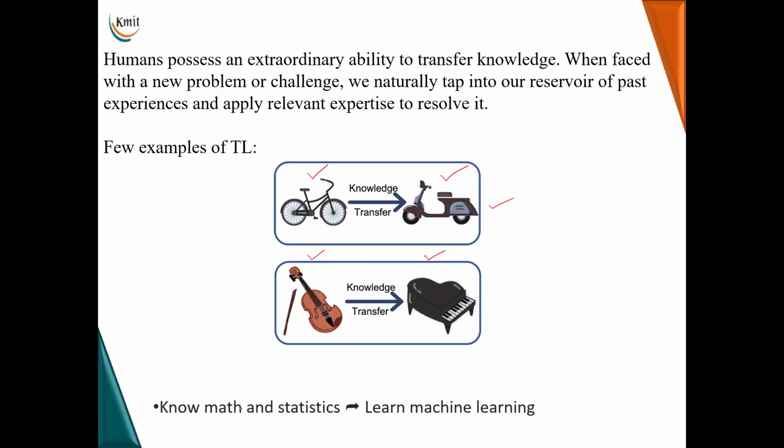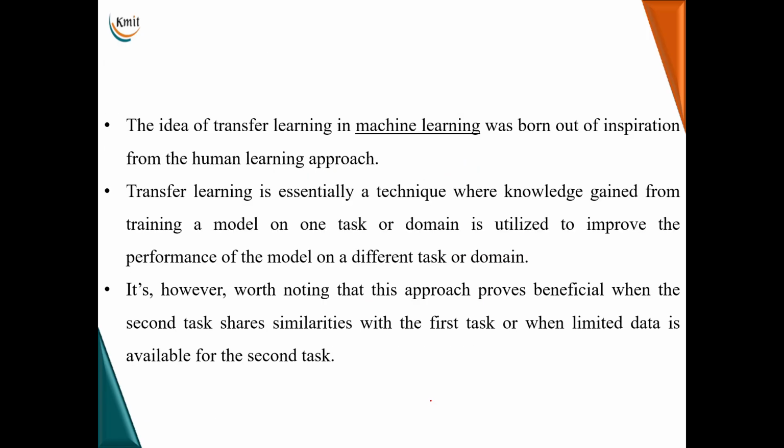Similarly, in a third example, if you have good knowledge of mathematics and statistics, that knowledge can be used in learning machine learning models. That is, I am transferring the knowledge that already exists in humans. This human learning approach was the inspiration for the development of transfer learning in machine learning models.